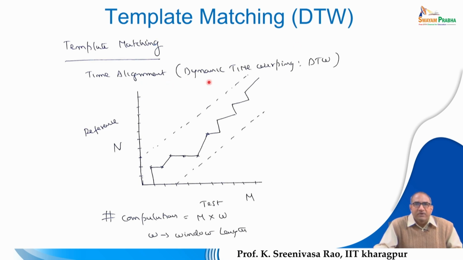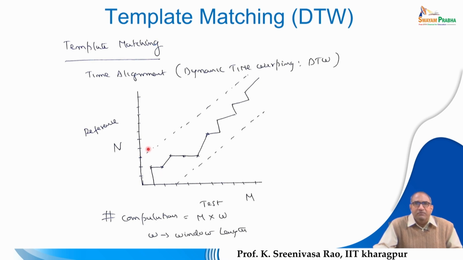The idea of dynamic time warping is this: suppose the reference template contains n feature vectors, and we concatenate all of them. In your test case the number of feature vectors will be m, where n and m are not equal. So how do we match the feature vectors?